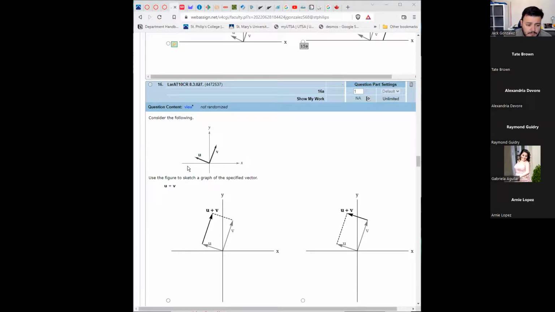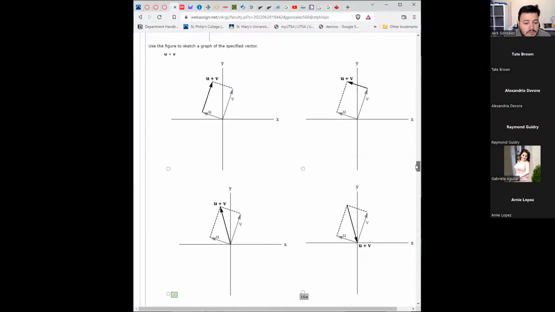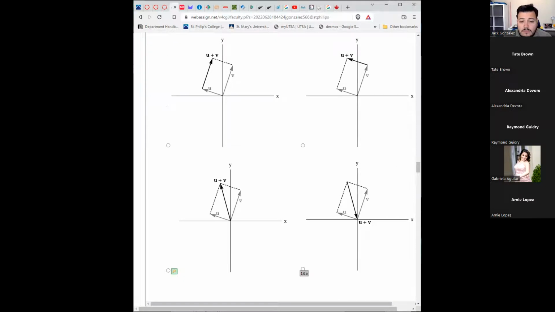This is what I was talking about earlier. If you add 2 vectors together, they're basically going to take you to a new path. It's not going to be just the V or just the U. It's going to be in a co-path, I guess, for lack of a better word. So let's look at the answer so you can see what I'm talking about. So they're asking me, what is U plus V? Get my little arrow thing again.